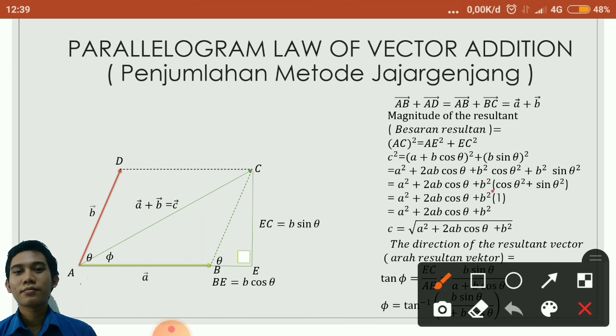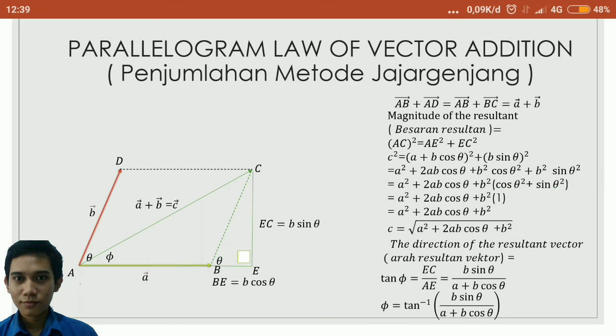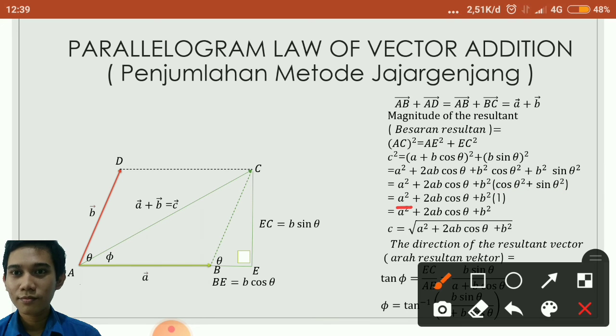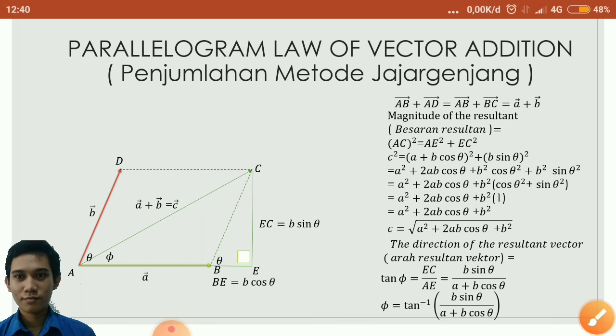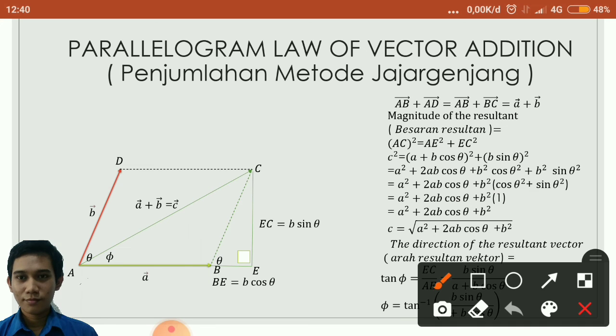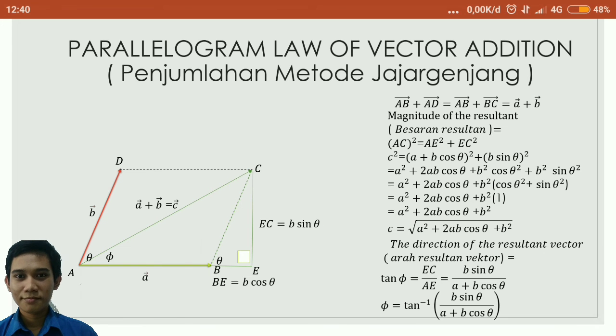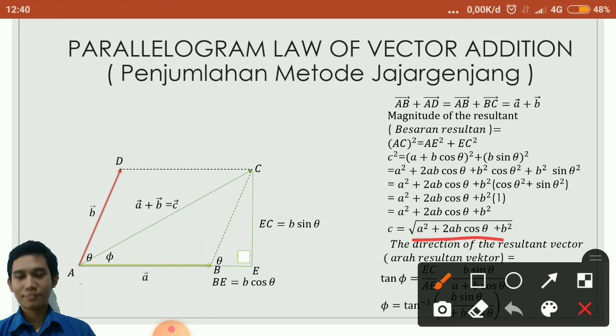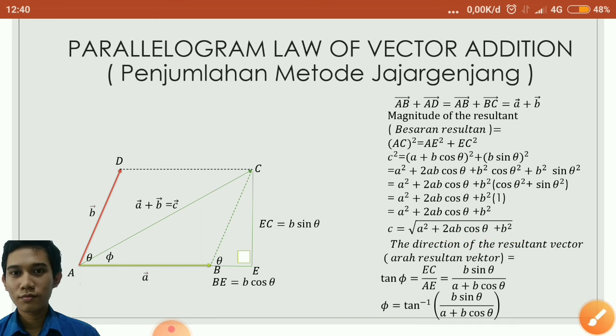We know that cos squared theta plus sin squared theta equals 1, so C squared equals A squared plus 2AB cos theta plus B squared times 1, and C equals the root of A squared plus 2AB cos theta plus B squared.